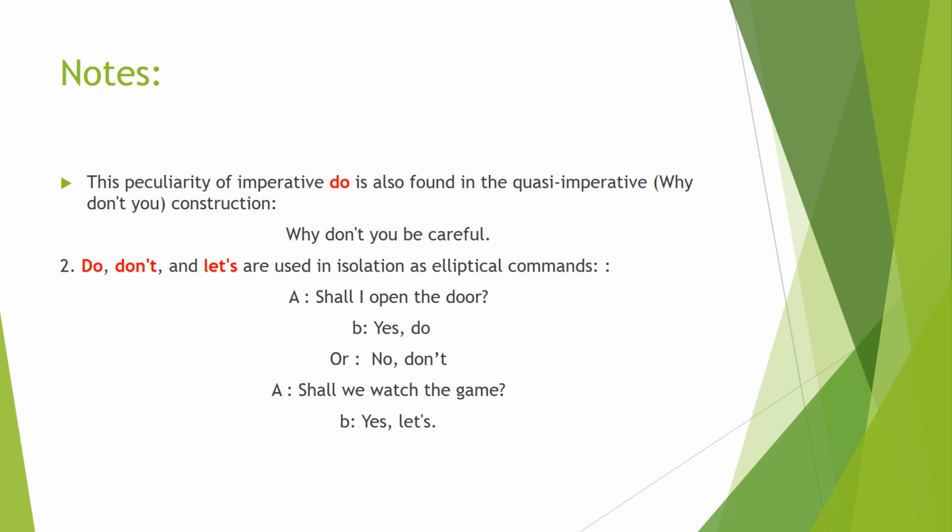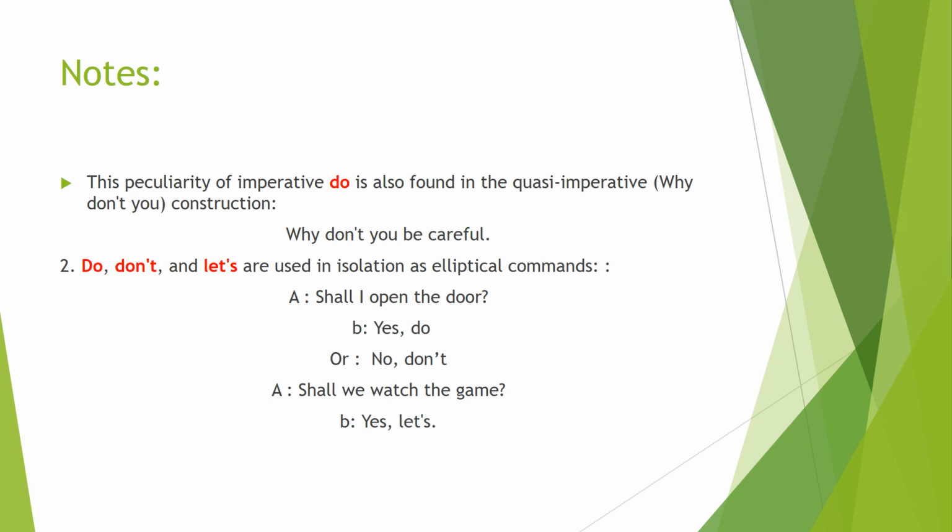Number 2, do, don't, and let's are used in isolation as elliptical commands. If we use them in isolation, we can make ellipses. For example, shall I open the door? You can answer this by yes, do, or no, don't.